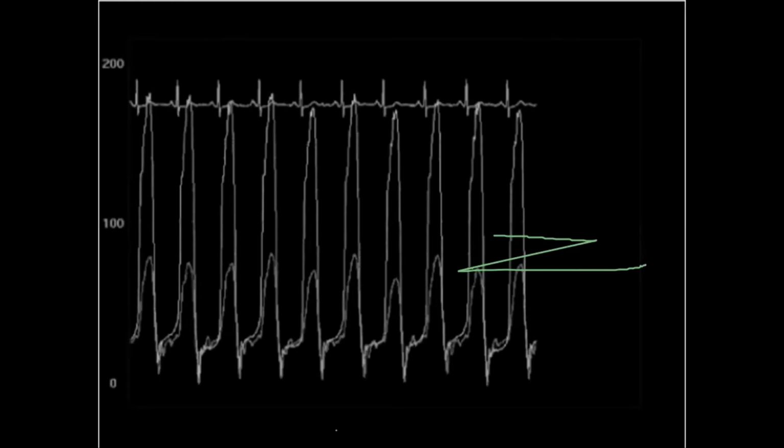Where is the discordance? Is it discordant or concordant? Just go bit by bit.